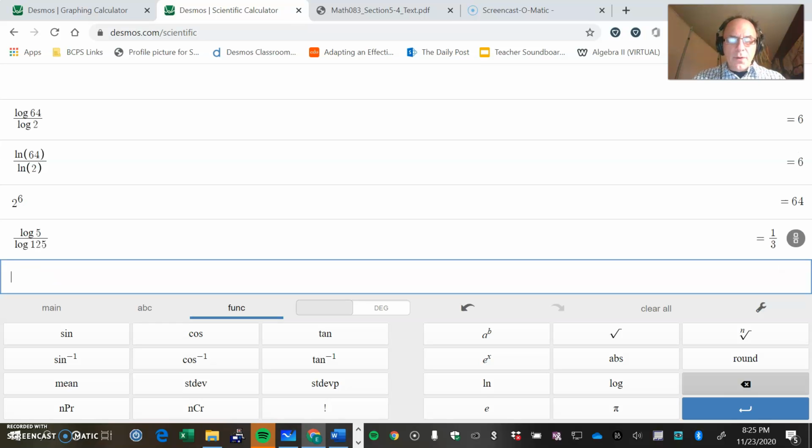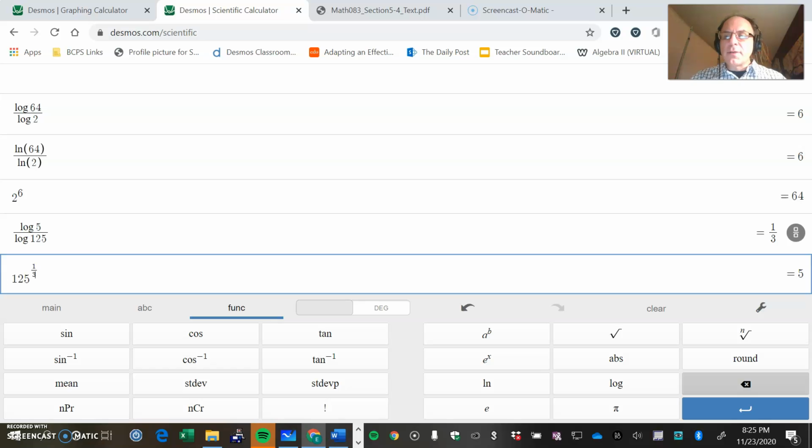And the reason why that works is because 125 raised to the 1/3 power is equal to 5. Remember, 1/3 power is the same as a cube root. So the cube root of 125 is equal to 5, because 5 raised to the 3rd power is equal to 125. That's why we get the answer of 1/3.